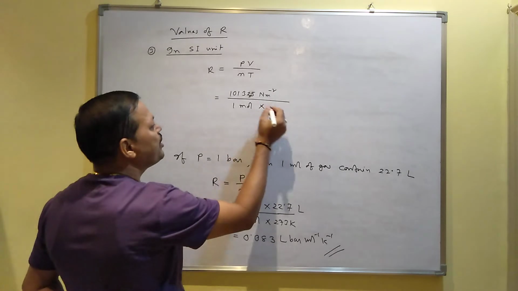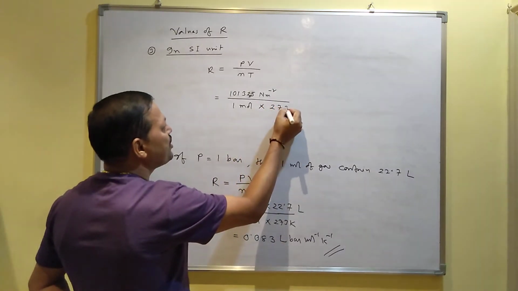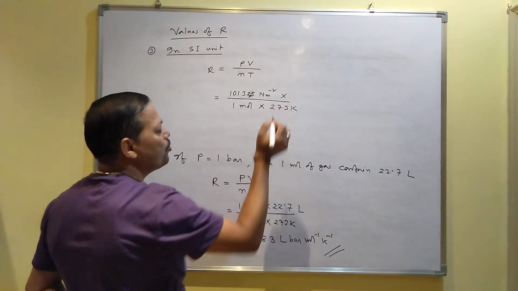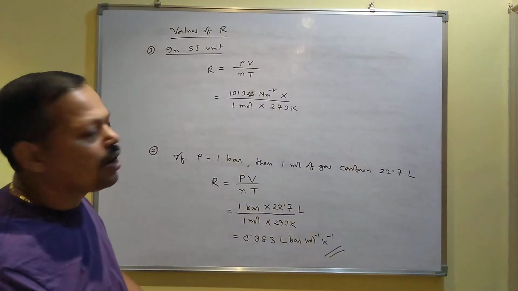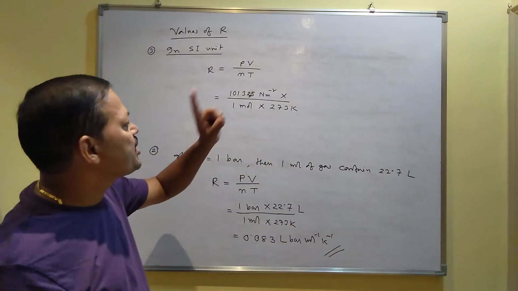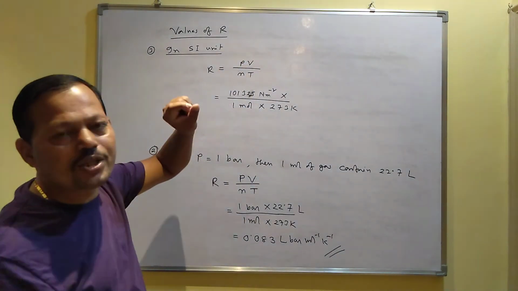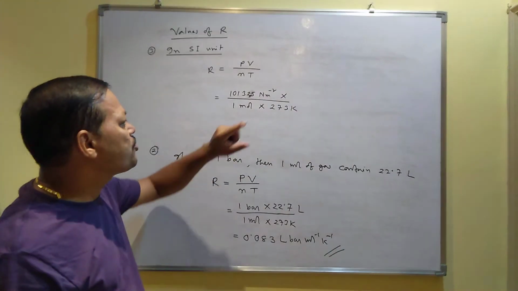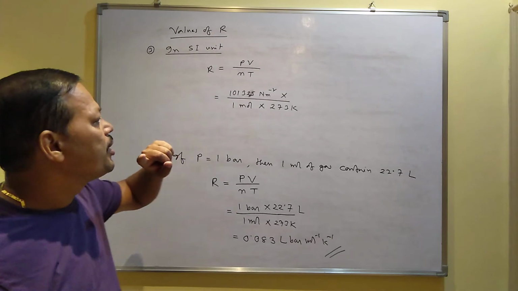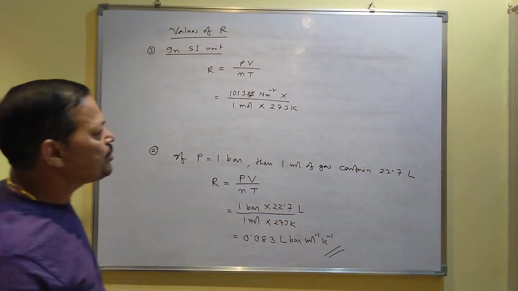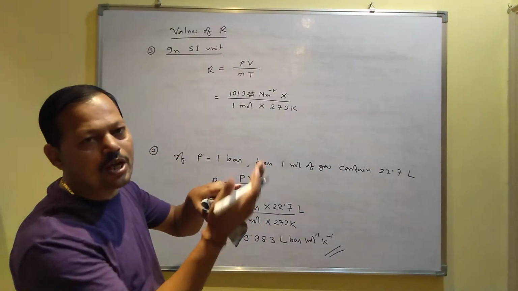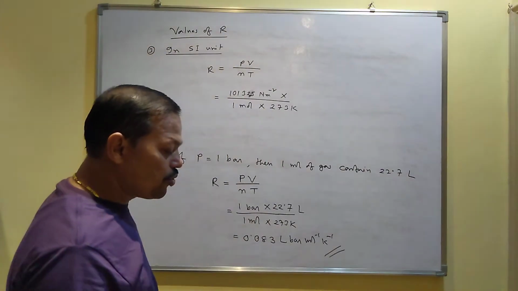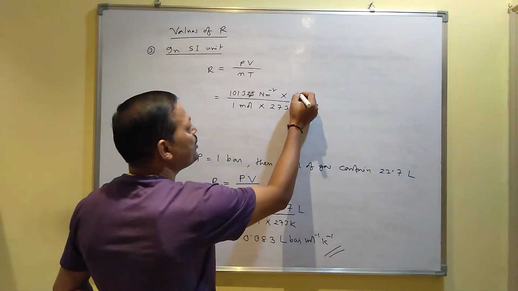Temperature in SI unit is Kelvin, that is 273 Kelvin, and the volume, as you know in CGS units, when the pressure is 1 atmosphere, is 22.4 liter. But liter is not the SI unit, so you have to convert liter to meter cube. Liter means actually decimeter cube. The decimeter cube you have to convert to meter cube, so you have to divide by 1000.